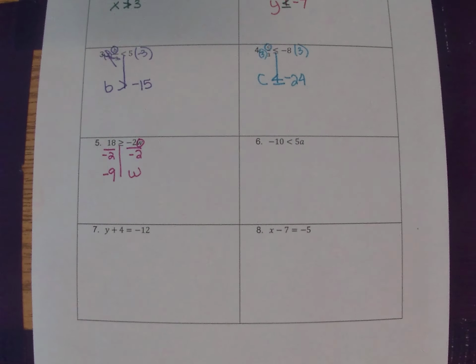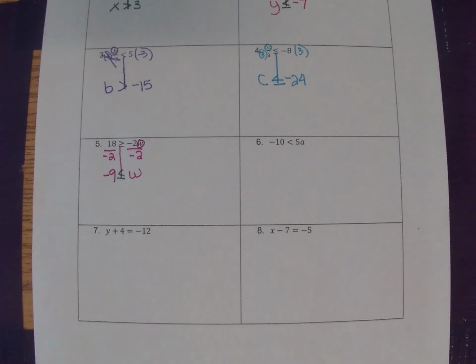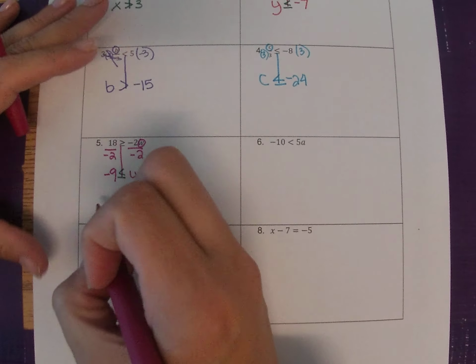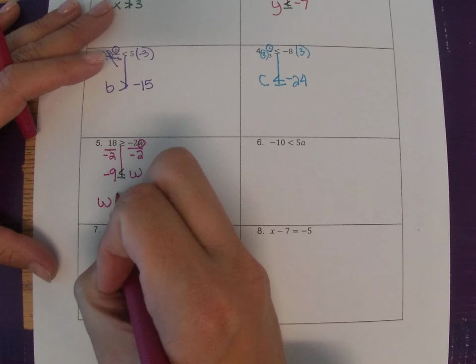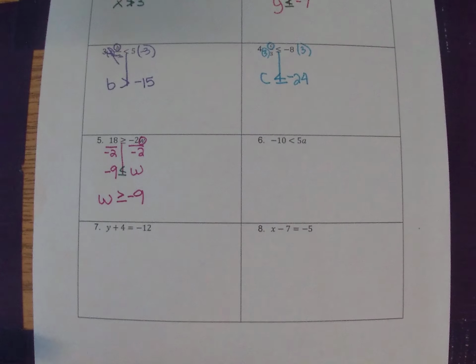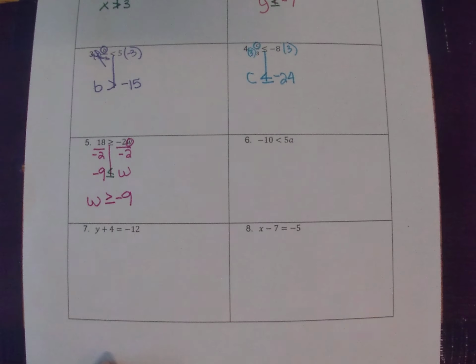I divided by a -2, so my inequality sign is changing directions. But we have to be really careful on this one, because now our W is on the right, and that's not how we want to write our final answer. We want our W on the left. So when I flip my W and my -9, that is another reason to flip the inequality sign. And so my final answer is W is greater than or equal to -9.